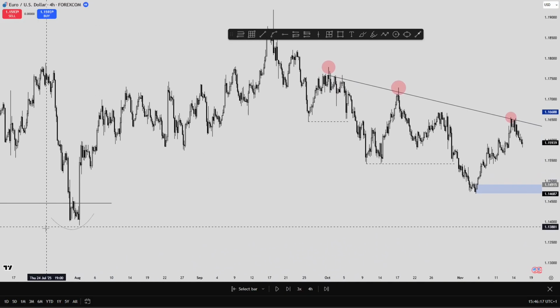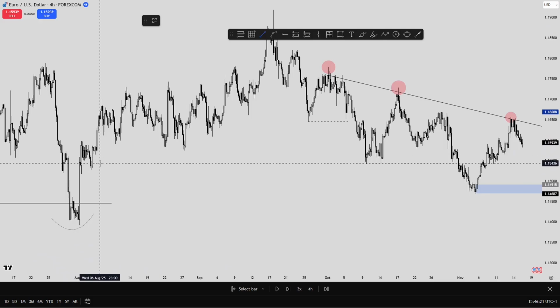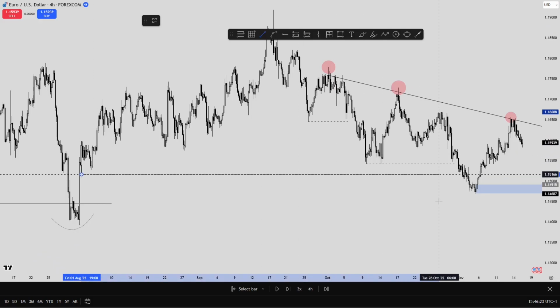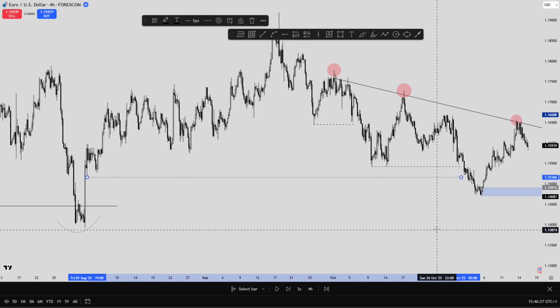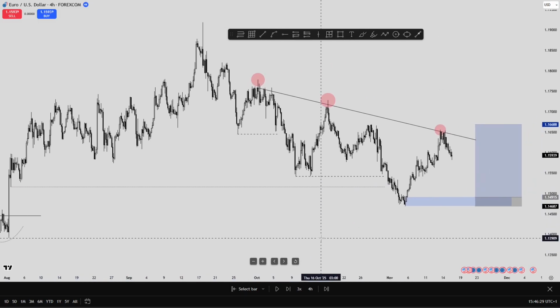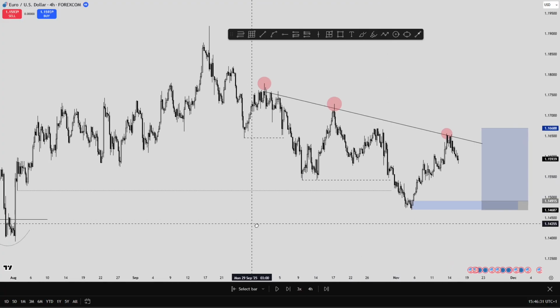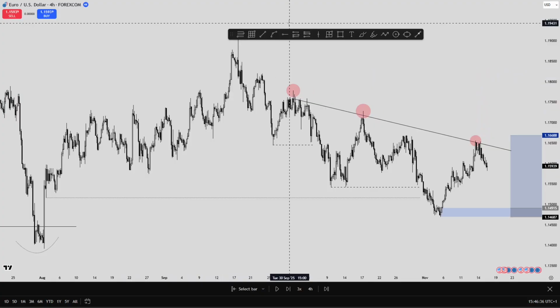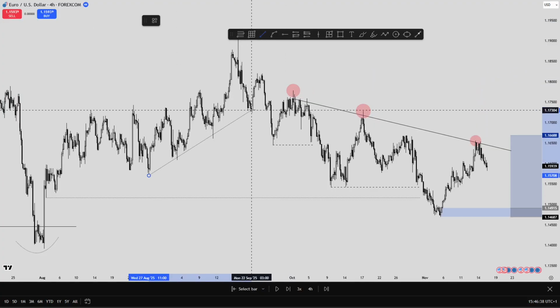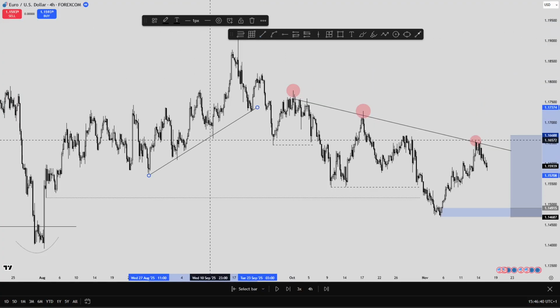Now, after this big move up, we start building liquidity again from around this low. So you can see, build liquidity, just uptrend a little bit, build trend line liquidity again here, blah blah blah.